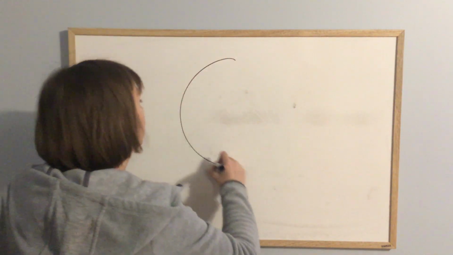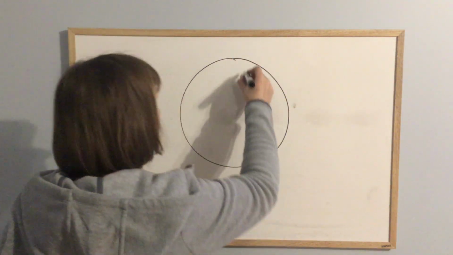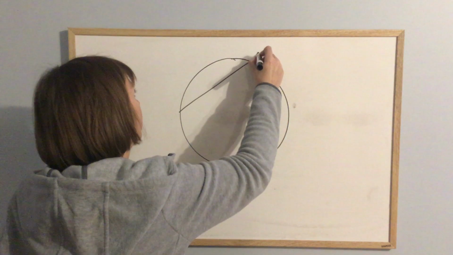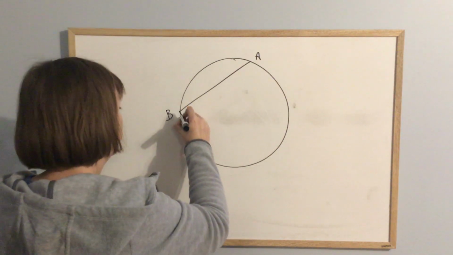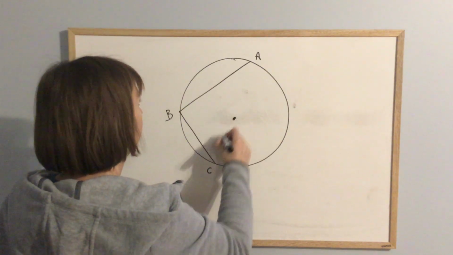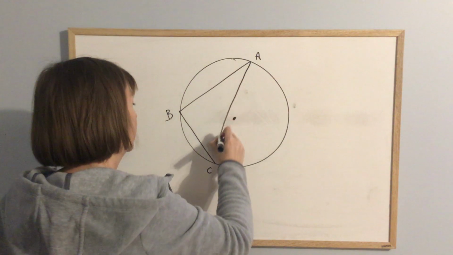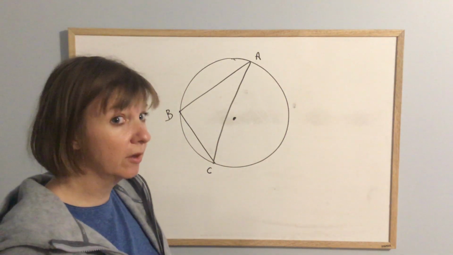So we have this circle, and we have A to B. We have B to C. We have the center of the circle is about here. We have A to C, but A to C is not going through the center of the circle.